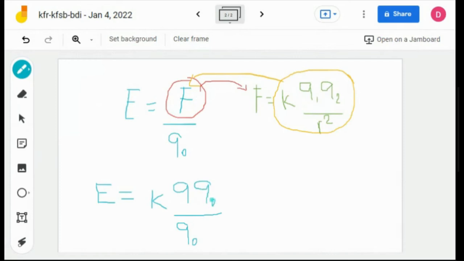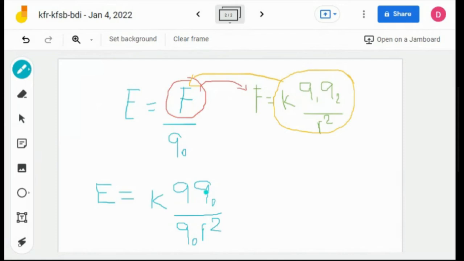Right? Because Coulomb's law is an interaction between two charged particles. So we have an unknown charge and a test charge. So there is an interaction between the two charges. And then we can write R squared.